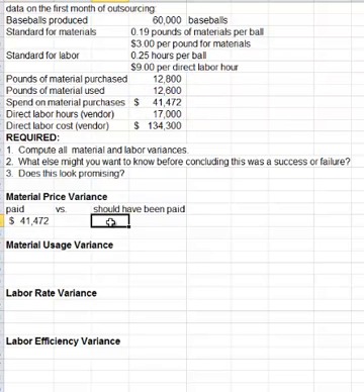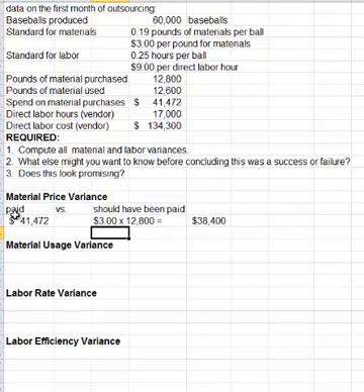All right. What should have been paid? Well, for each of these pounds that were bought, they should have paid $3 a pound. Okay, so they should have paid $38,400.